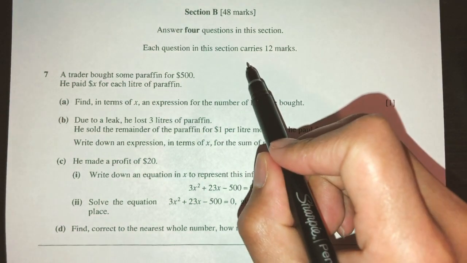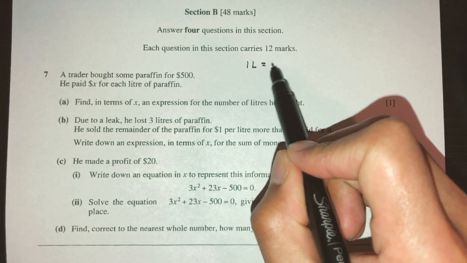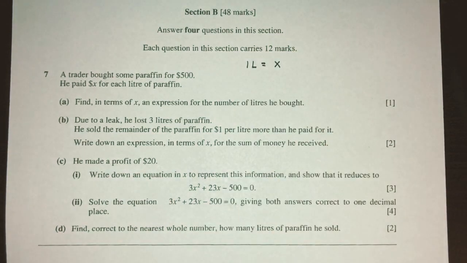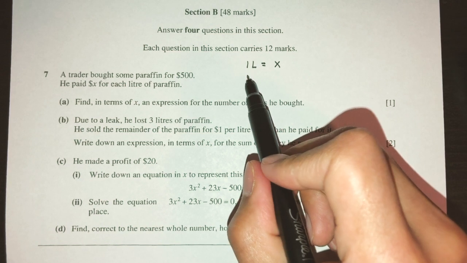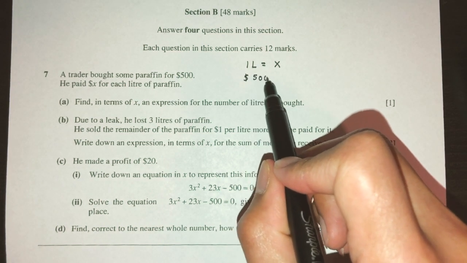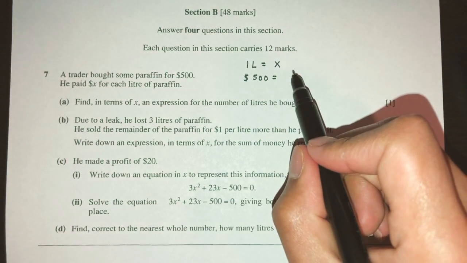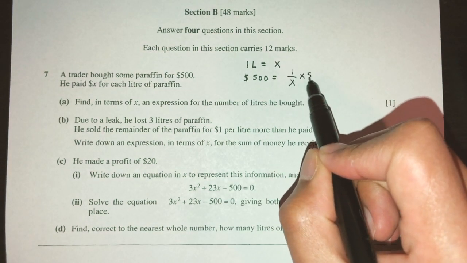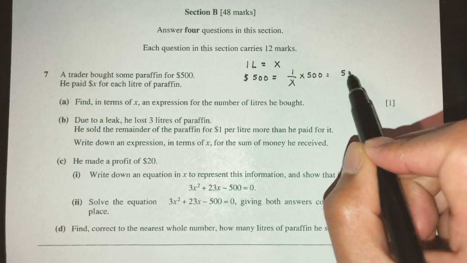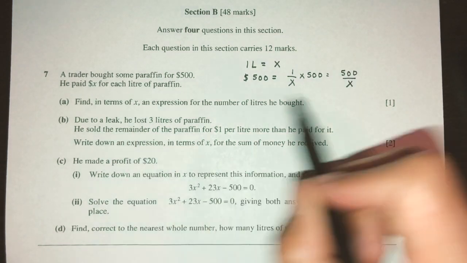So we know that 1 liter was X dollars. Okay. Now for $500, that will be equal to what? That will be 1 over x times 500. That will be 500 over x for your first answer.